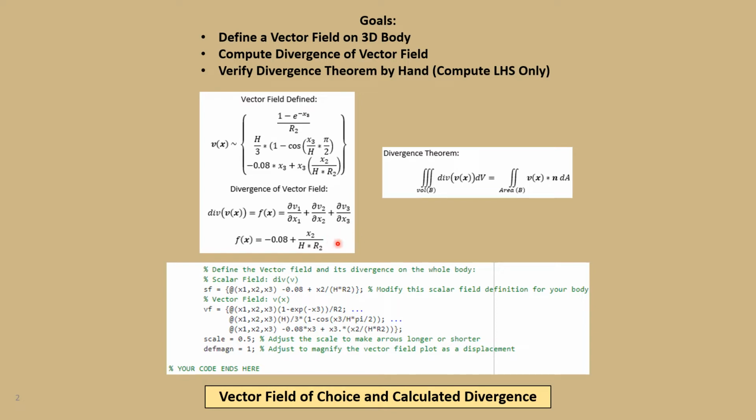And you can see that works itself down into a relatively simple but still fairly complicated, as we'll see in the hand checks, of a negative 0.08 plus x2 over h times r2. H and r2 are of course constants of my given body, as well as you can see I have coded in the vector field and scalar field, as you can see in MATLAB in that bottom image.